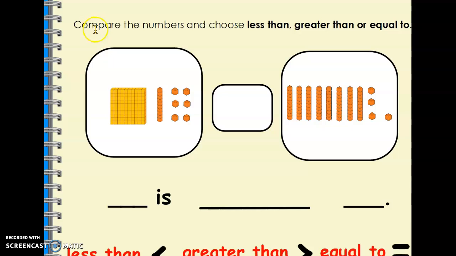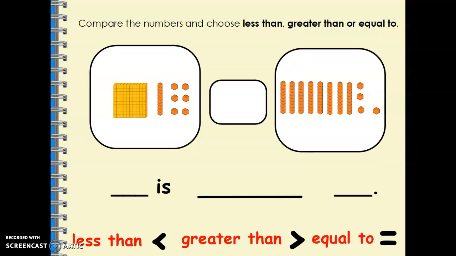Okay, so here we want to compare our numbers and choose less than, greater than, or equal to. First let's count our number over here. We have 100, 110, 111, 112, 113, 114, 115, 116.